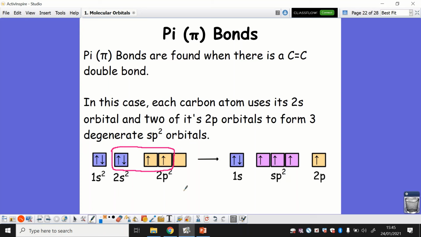So when we have a carbon in a double bond, one of these carbons displays sp3, which is where the sigma bond comes from, and one displays sp2, which is where the pi bond comes from.